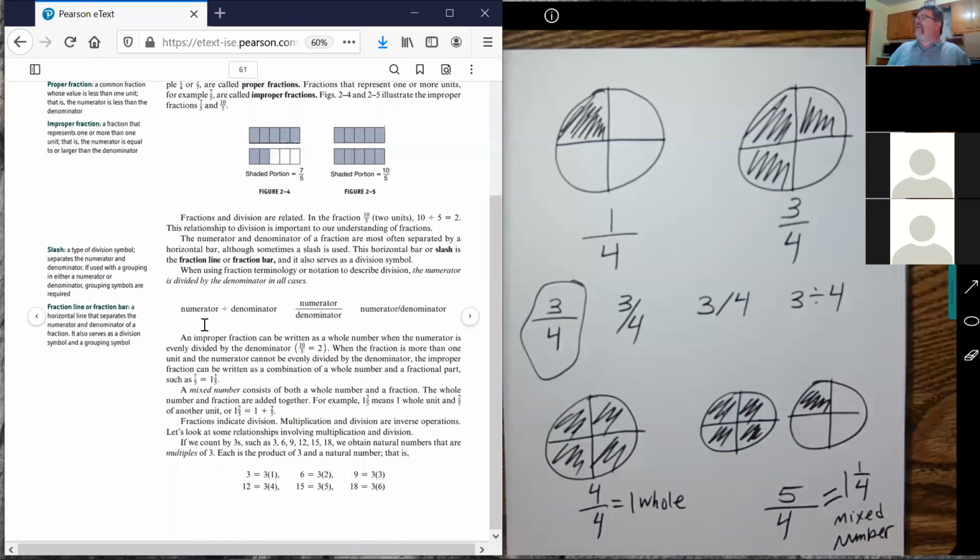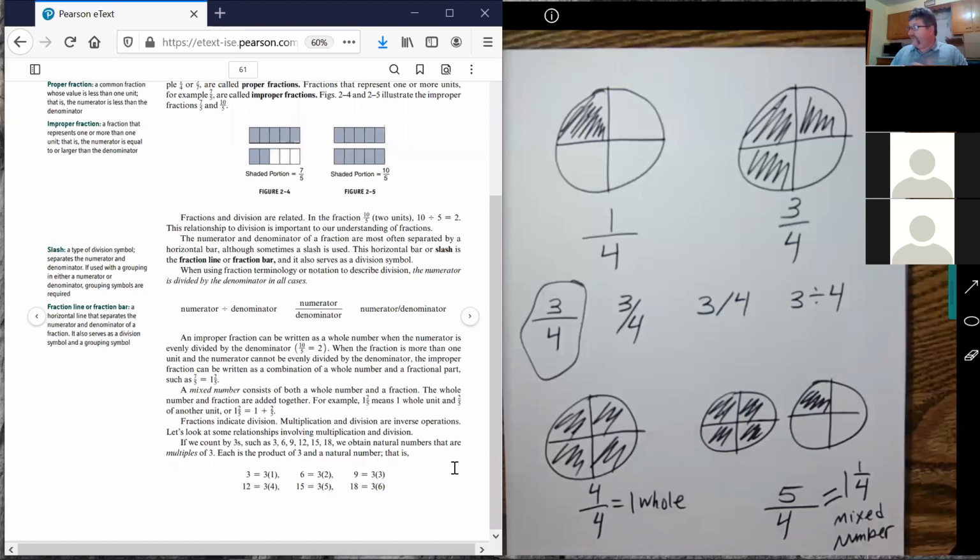All right, so our next page kind of talks about the numerator and denominator that I've mentioned, and the fraction bar, sometimes referred to as a slash. A couple things we're going to do with these fractions. Eventually we're going to add and subtract them, but we're always going to want to reduce them to lowest terms.